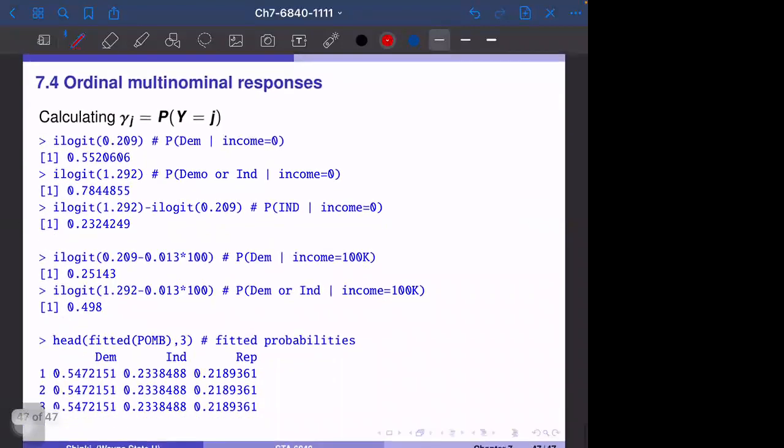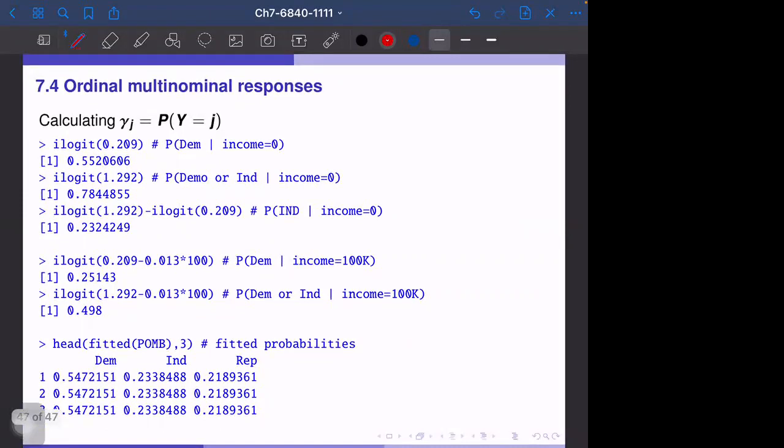So this is some R example to calculate probability. The probability of Democrat, so that is Y less than or equal to 1. If income is 0, we only keep the intercept. So the logit of the probability of Y less than or equal to 1 is equal to 0.209.